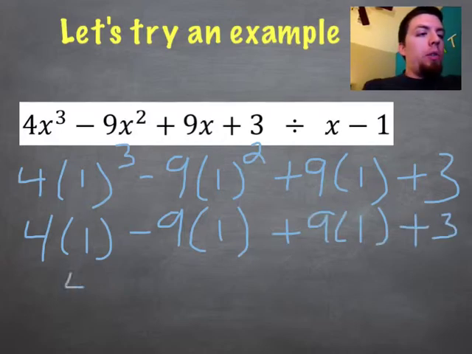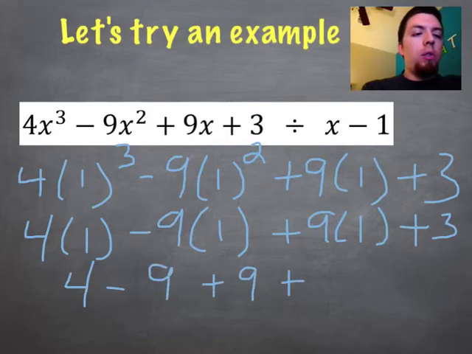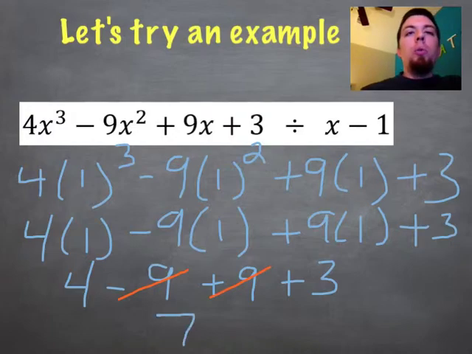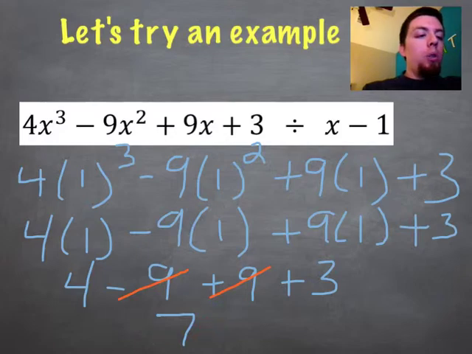This gives us 4 minus 9 plus 9 plus 3. The negative 9 and the plus 9 cancel out, and we get 4 plus 3, which is 7. So the remainder theorem tells us that evaluating by 1 tells us that this 7 is a remainder. So we could say that the remainder is 7. And there we go.